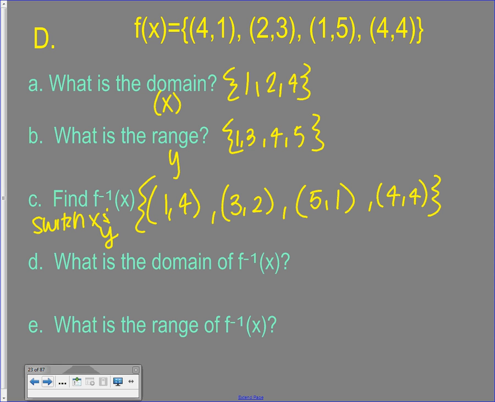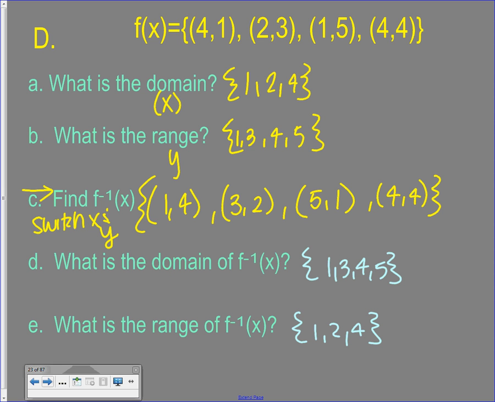Okay, well now here's where it gets a little interesting. What is the domain of our new one? Okay, so if we look at example C, the domain there is the x's. The x's are now 1, 3, 4, 5. And the range now is 1, 2, 4.